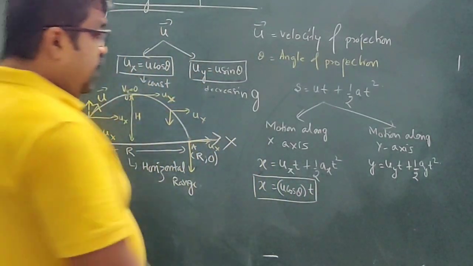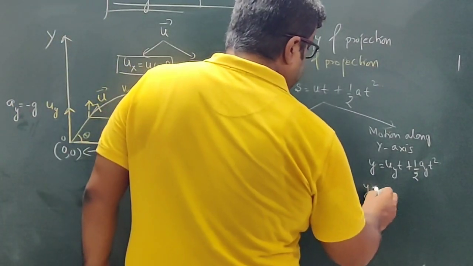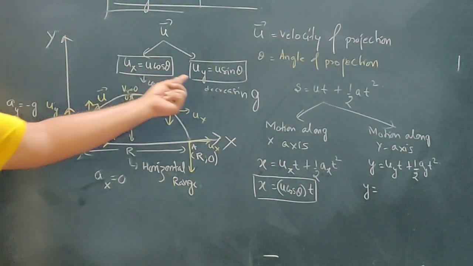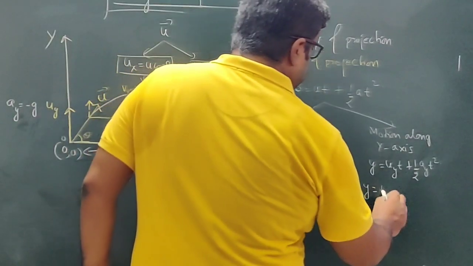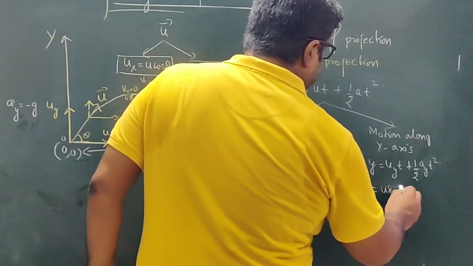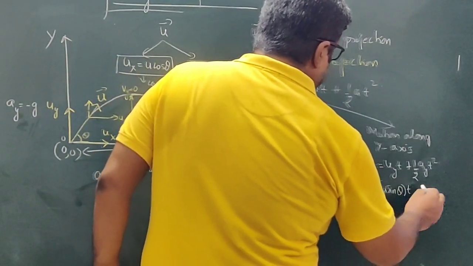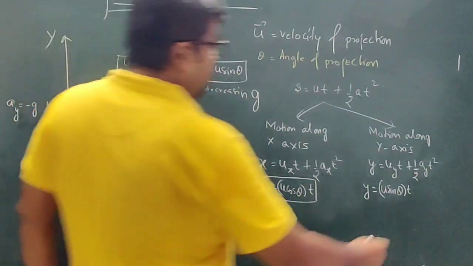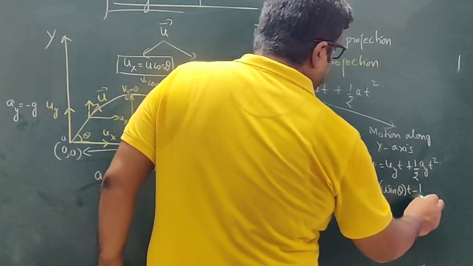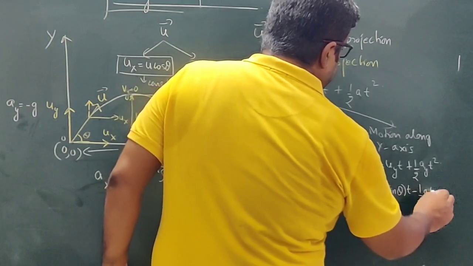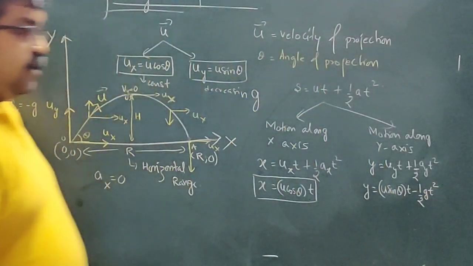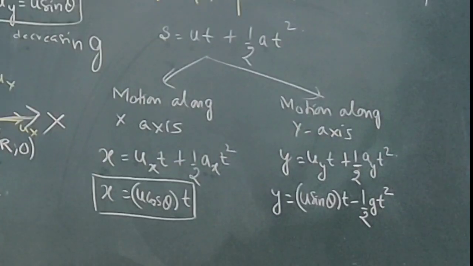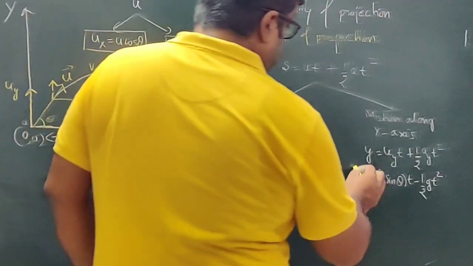Similarly, here we have y is equal to, what is uy? Uy is u sin theta. So this is u sin theta into t. What is ay? Ay is minus g. So this is minus half gt square. So this is another equation.